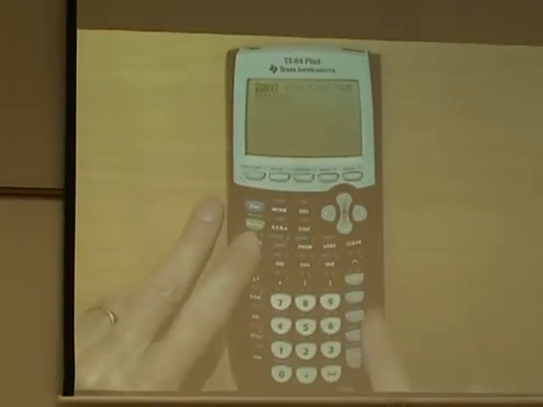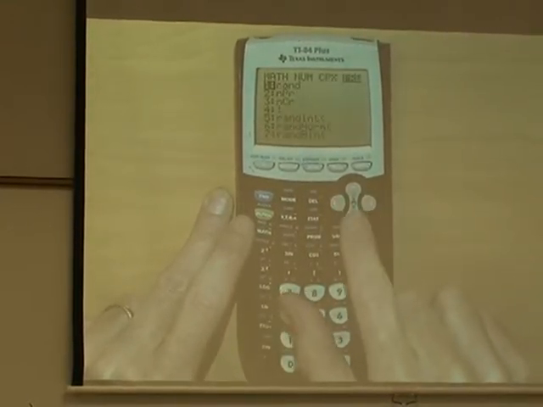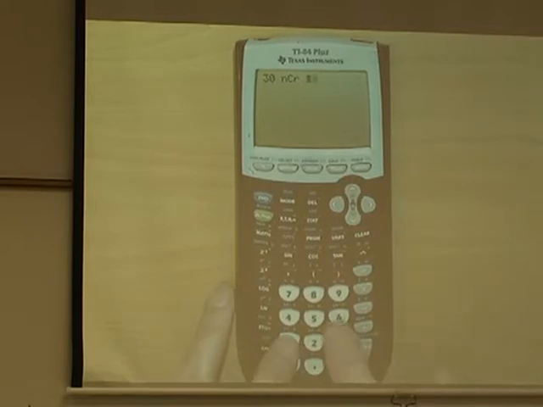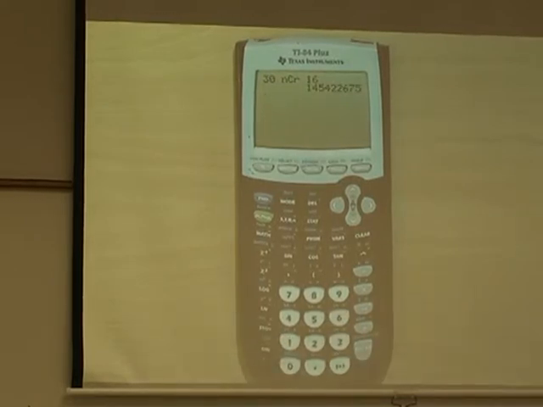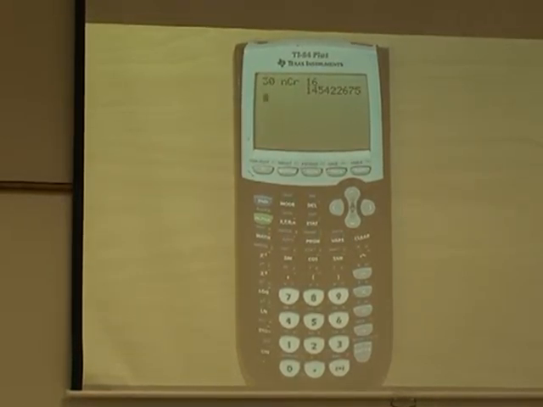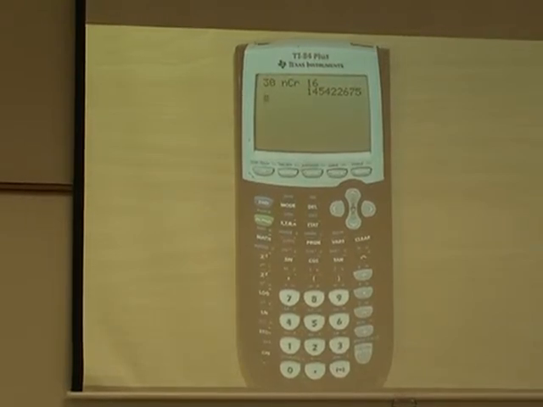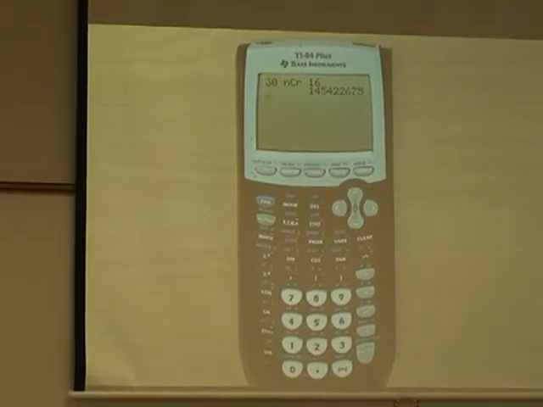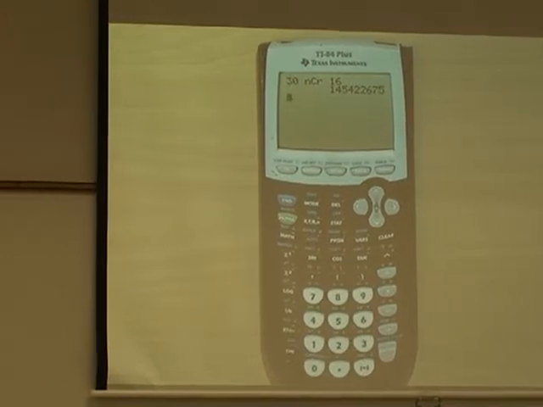30, math, probability, the third one down, nCr, and 16, and it's a big number. There are 145 million, 422,000, and 675.